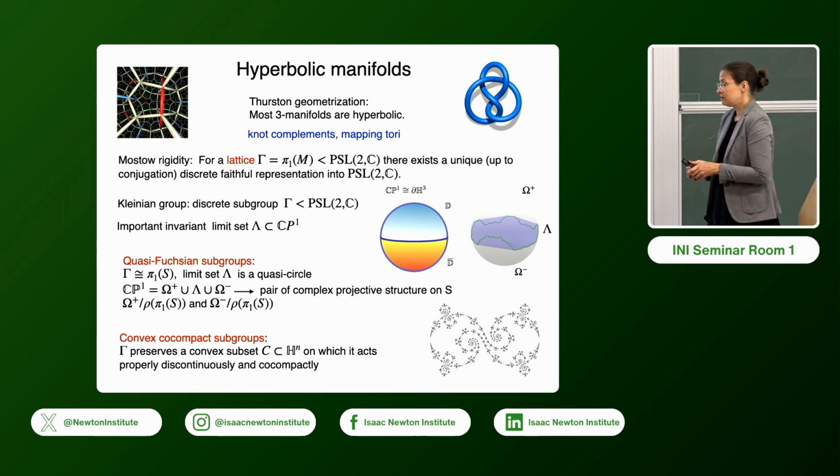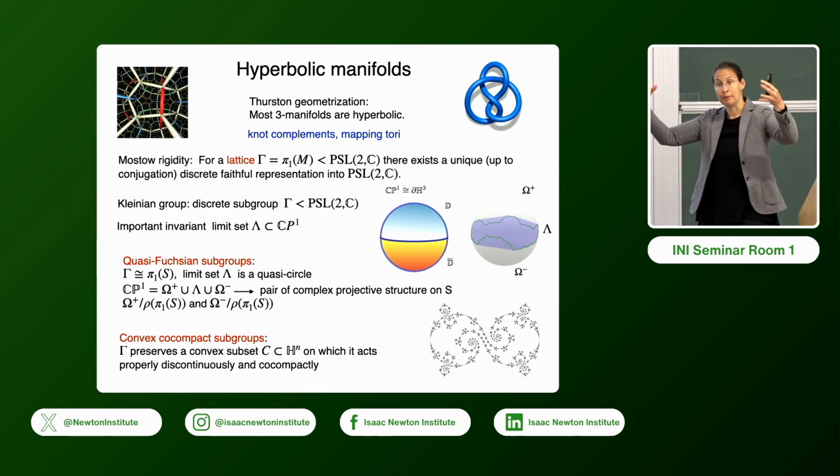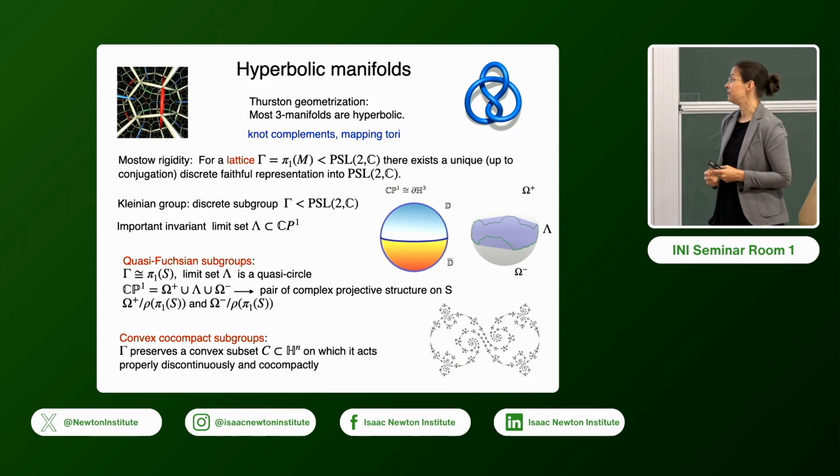So we cannot have this continuous deformation space of embeddings of the fundamental group of a hyperbolic 3-manifold in the isometry group of hyperbolic 3-space. But we can have that if we go from hyperbolic manifolds of one dimension to hyperbolic manifolds of higher dimension.